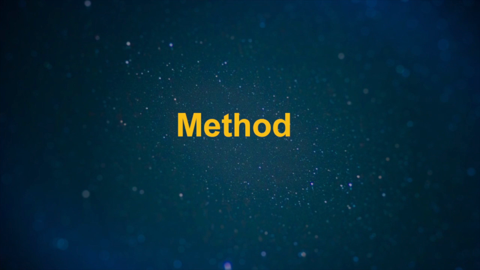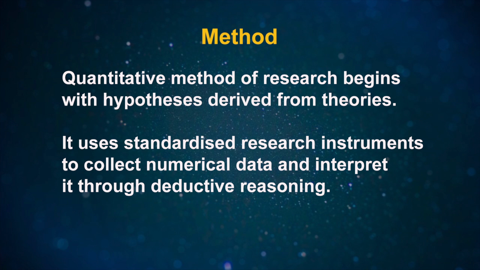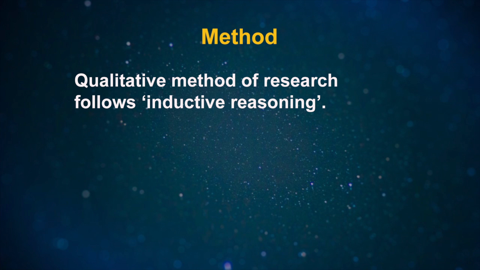Method. Quantitative methods of research begin with hypotheses derived from theories. It uses standardized research instruments to collect numerical data and interpret it through deductive reasoning. In contrast, qualitative method of research follows inductive reasoning.